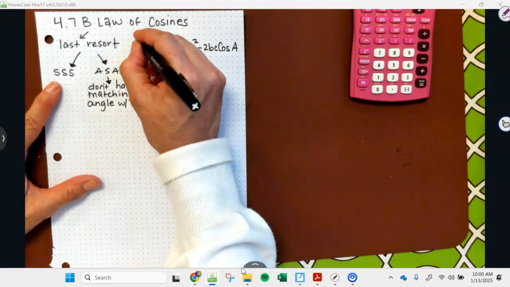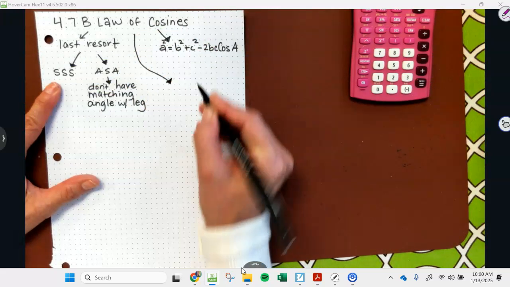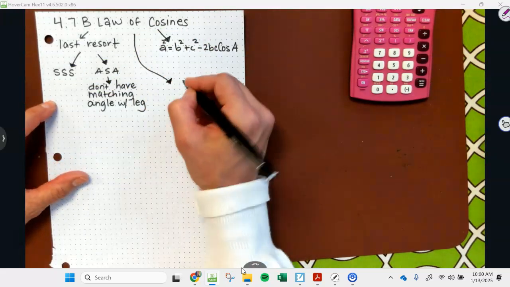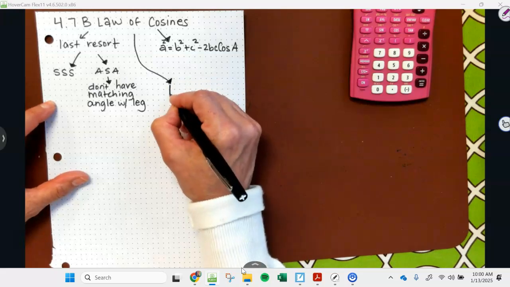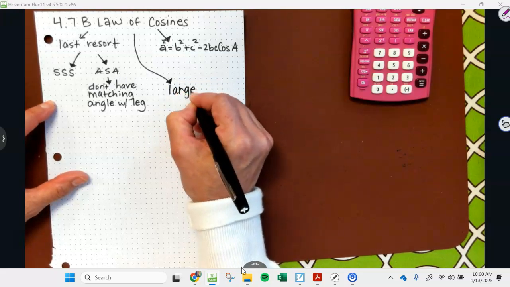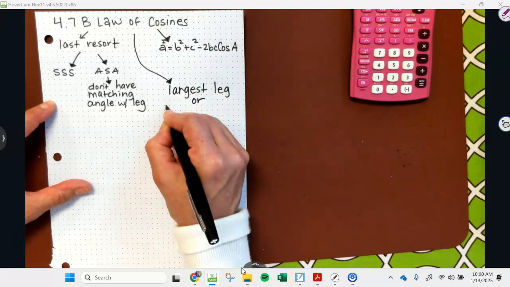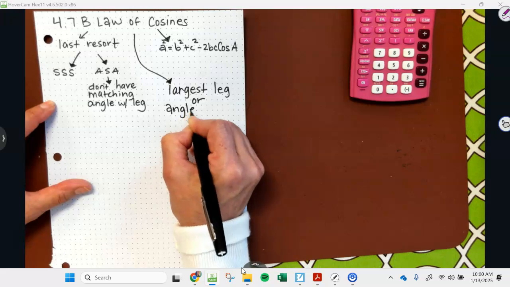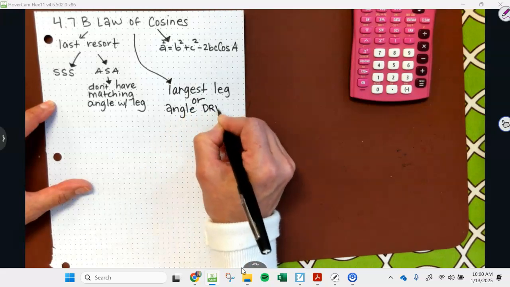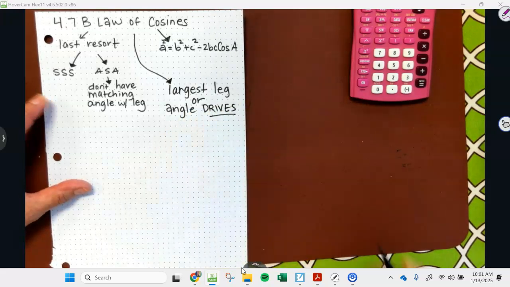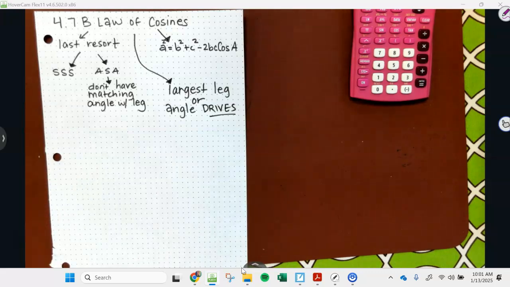Some more tips about this. The largest leg or the angle DRIVES the whole process.